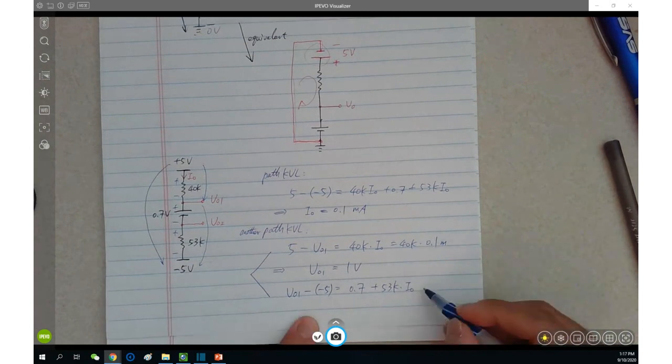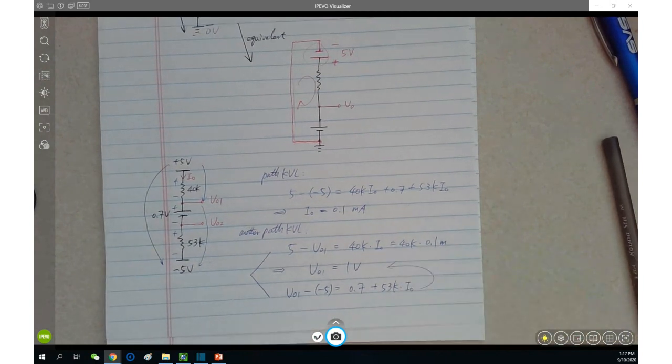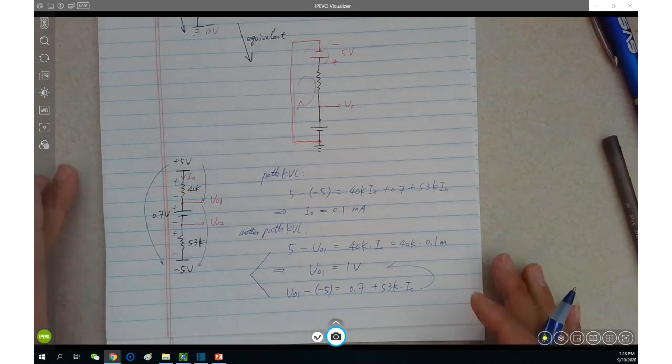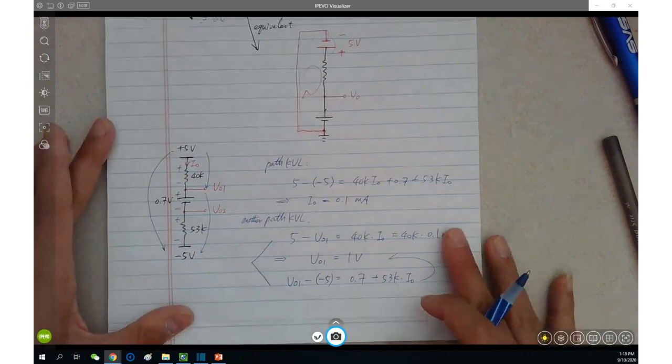You end up with the same result for V naught 1. Does it make sense? So choose any path to write KVL. This method, or this idea, is very flexible and always works. Any questions regarding this V naught 1?